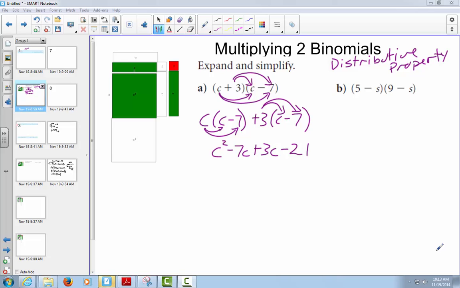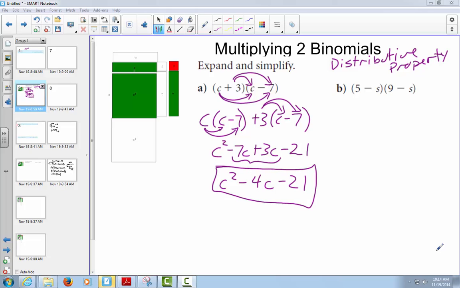Now I can combine like terms. Negative 7c plus 3c is negative 4c, minus 21. So by multiplying, expanding, and simplifying, where simplifying means combining like terms, I get a final solution of c squared minus 4c minus 21.